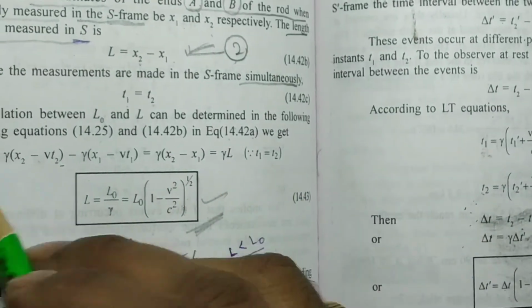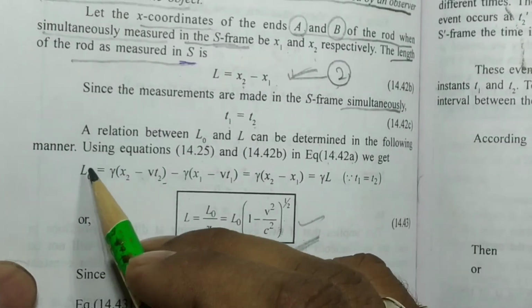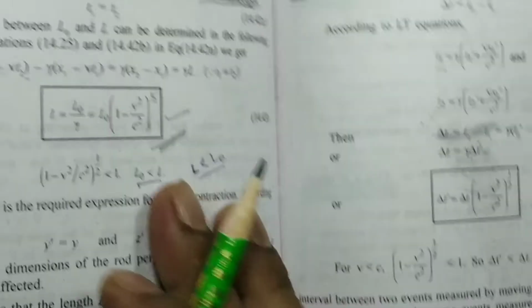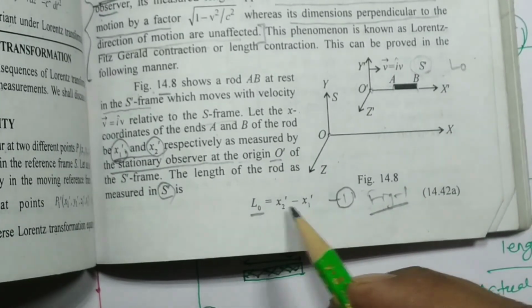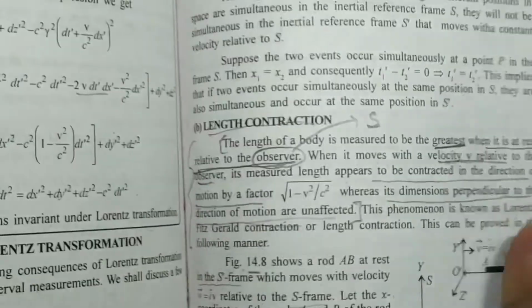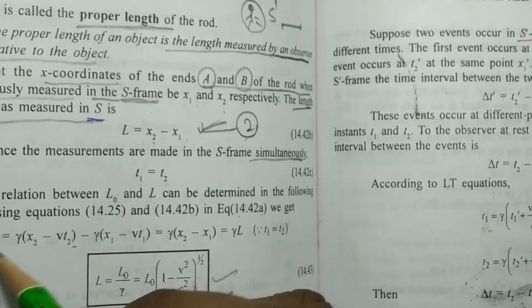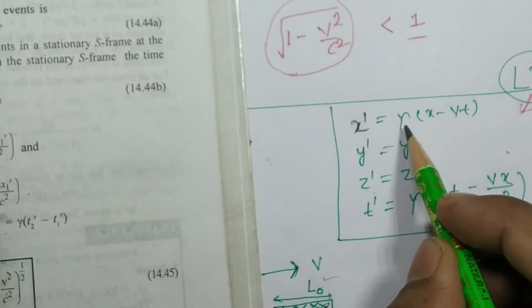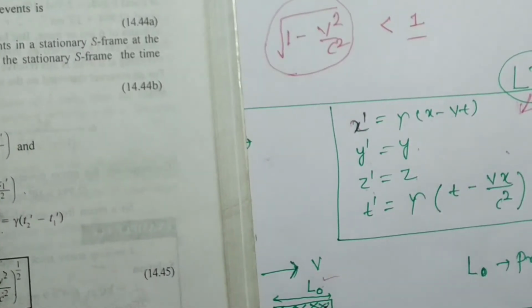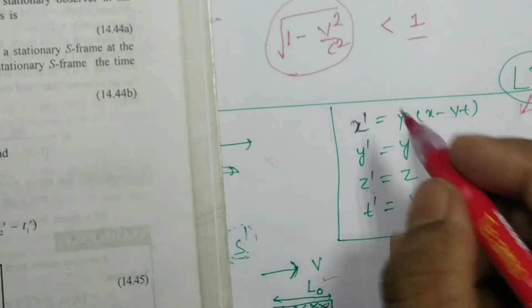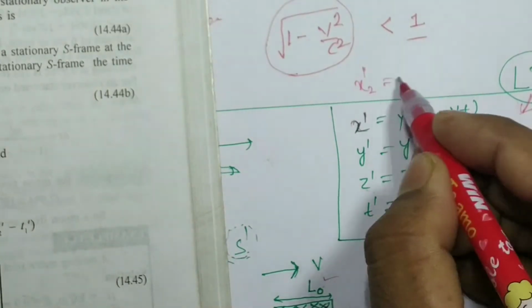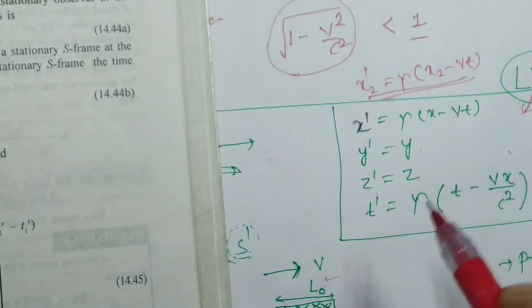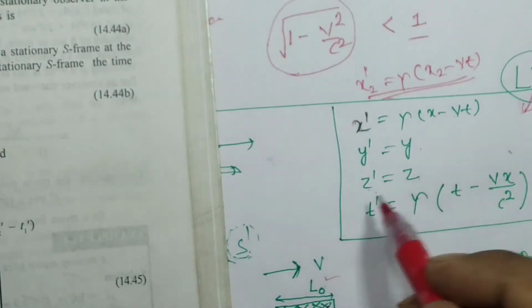So L0 in equation number 1: instead of x dash, L0 is equal to x2 dash minus x1 dash. So I can write L0 equal to, instead of x2 dash, gamma x minus Vt. Hence x2 dash will be equal to gamma (x2 minus Vt). Similarly, y dash will be y, z dash will be z.